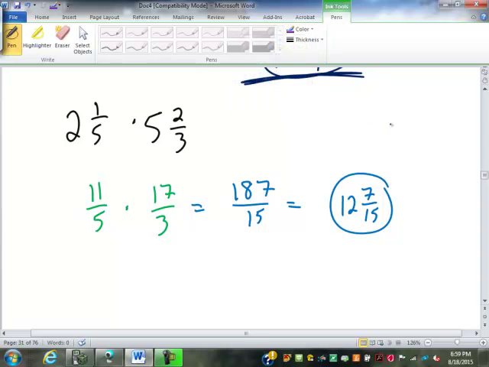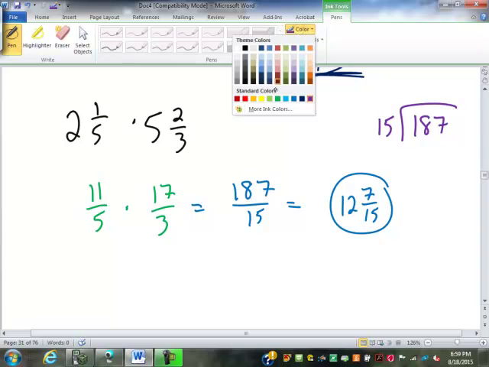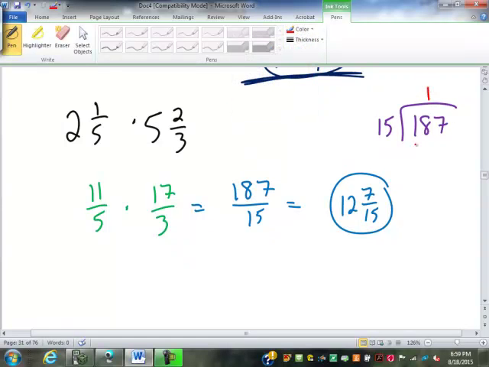We would do that as a division and remainder again. 187 divided by 15. 15 goes into 18 once, with 3 left over. Bring down the 7, goes in there twice, with 7 left over. So 12 7/15.